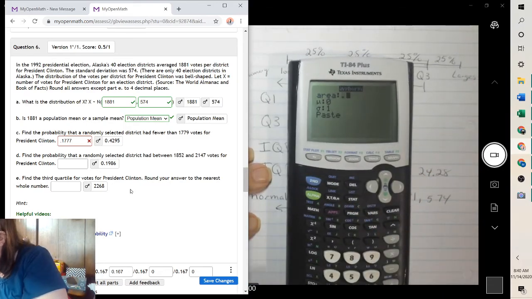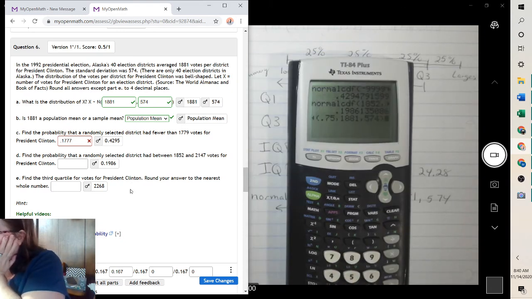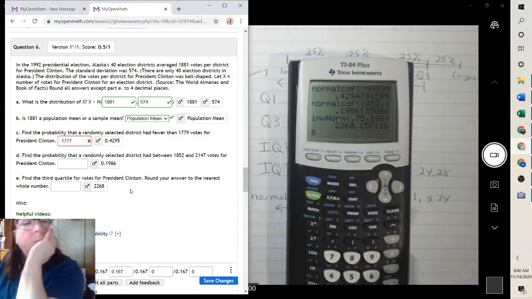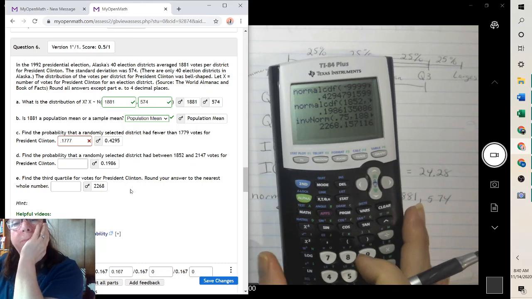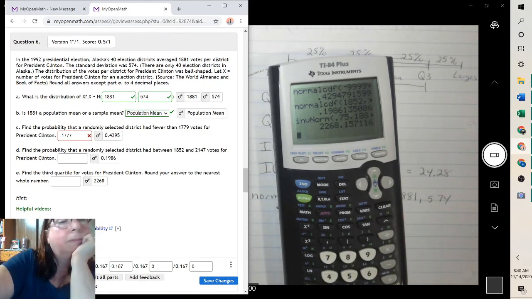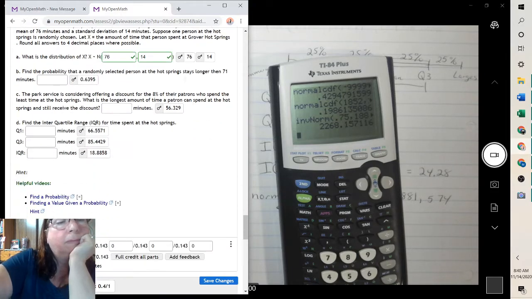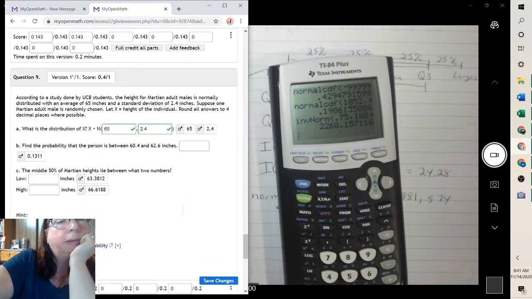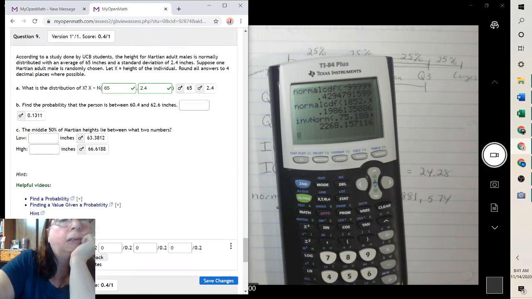So you put 0.75, and then you put your mean and your standard deviation. And there you go. 2268. And these should all be about the same.